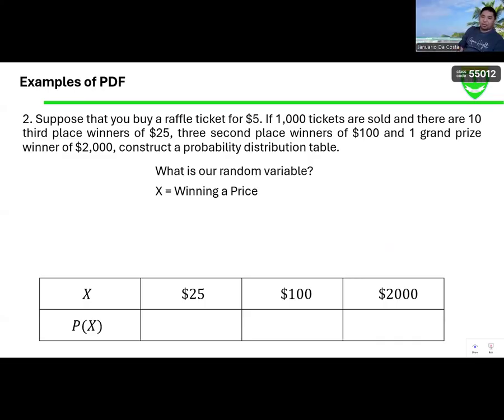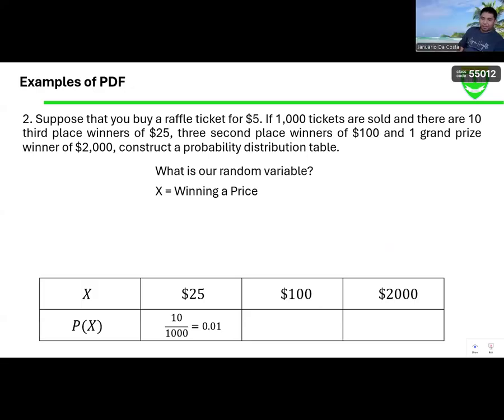What is the probability of winning $25? 10. 10 of what? 10 of 1,000.